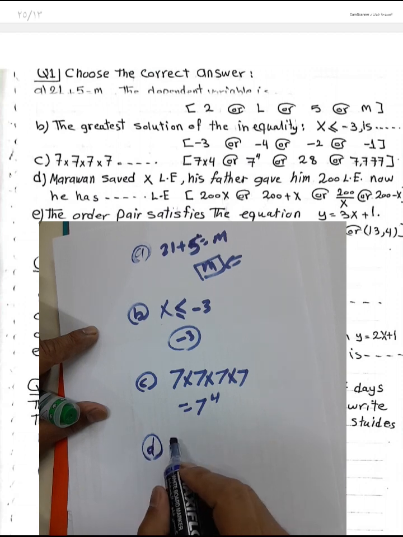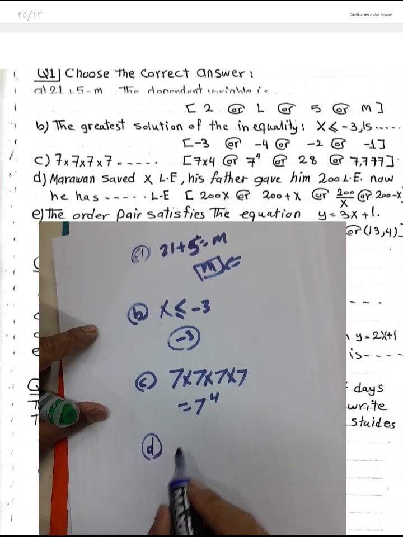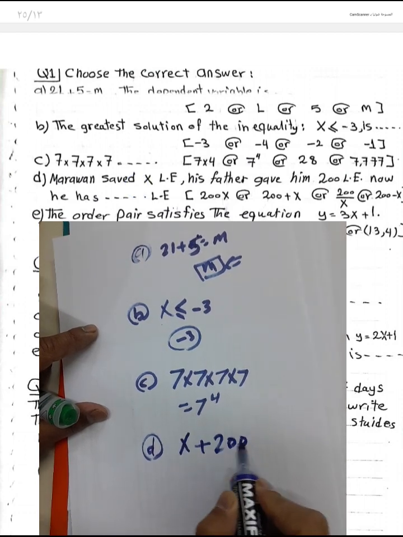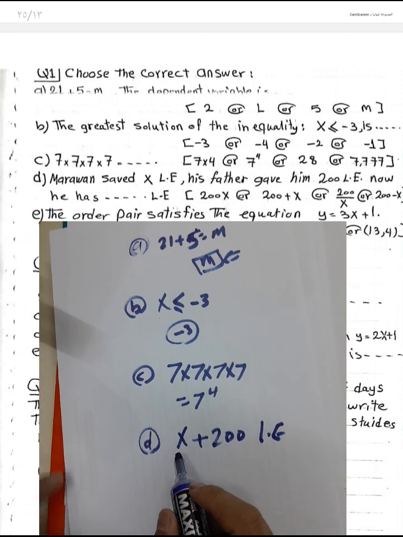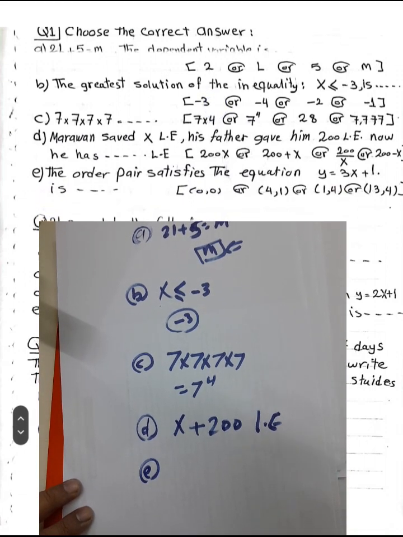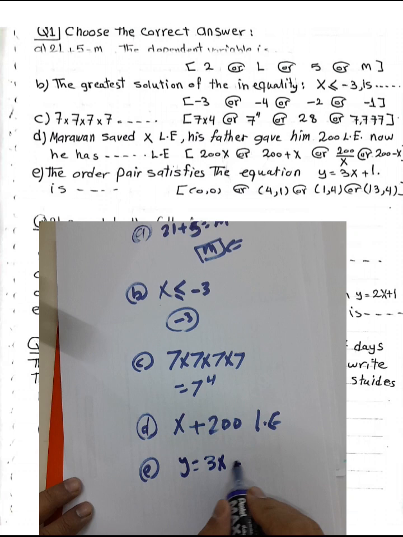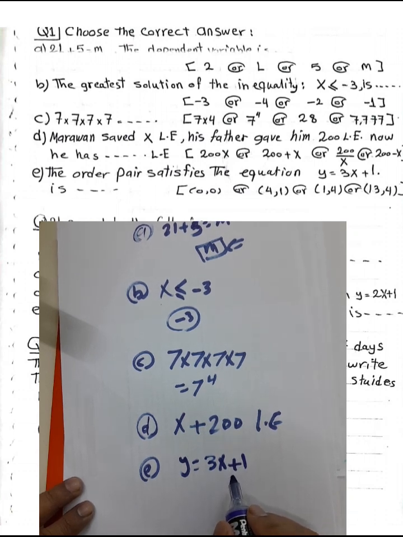Letter D. Marwan saved X lira and his father gave him 200 Egyptian lira. Now the total he has will be X plus 200 Egyptian lira. Question letter E. The ordered pair satisfies the equation y equals 3x plus 1, where if we put x equals 0, y will be 1.